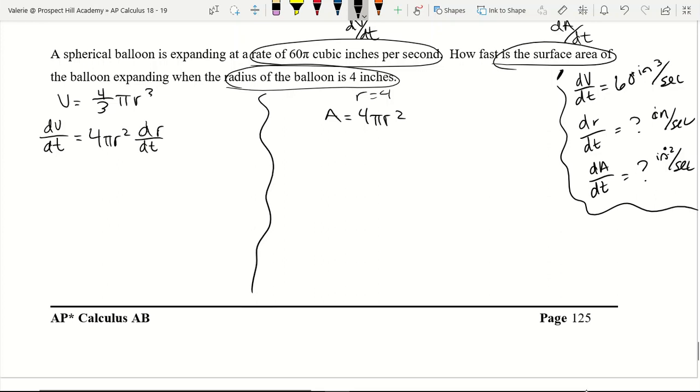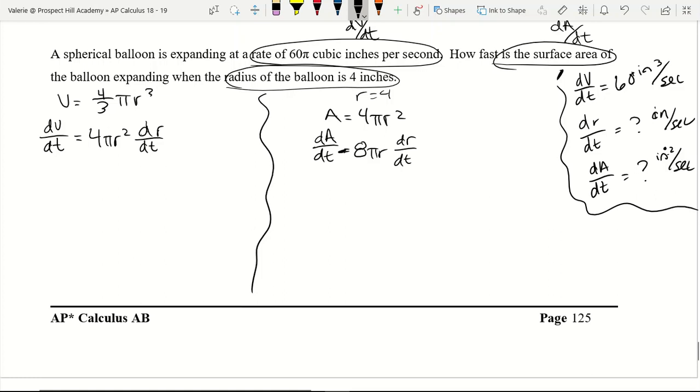And the equation for area will be dA dt equals 8 pi r dr dt. So what we're going to do is solve one equation for dr dt and then use dr dt in the other equation.